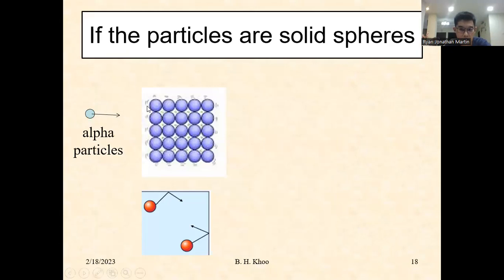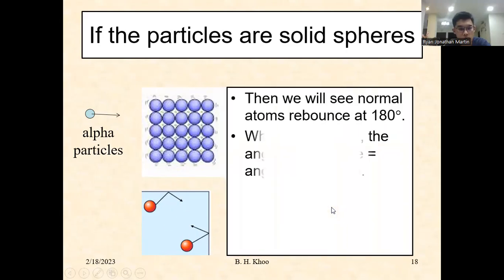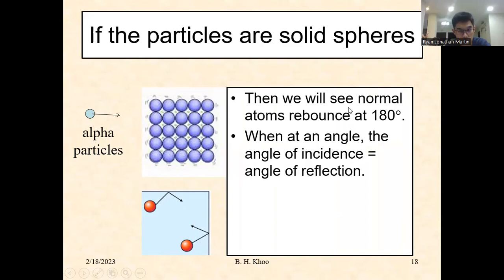Okay, so if the atom is solid like that, then the alpha will just be deflected like that. Won't go through. We will not see normal atoms repulse at 180 degrees if it's directly hitting. Or if it's at an angle, then the angle of incidence equals the angle of reflection.